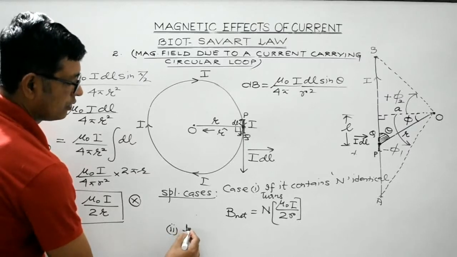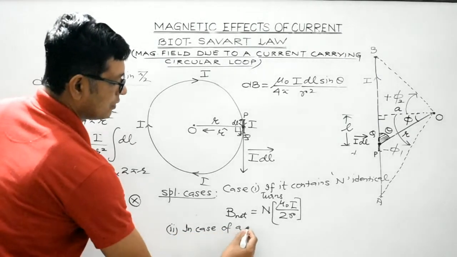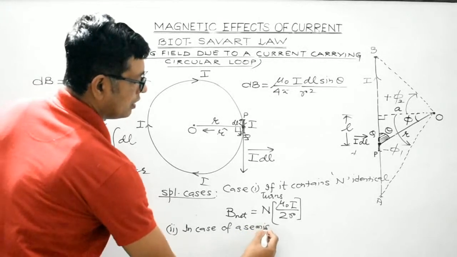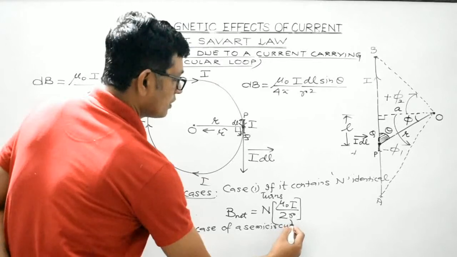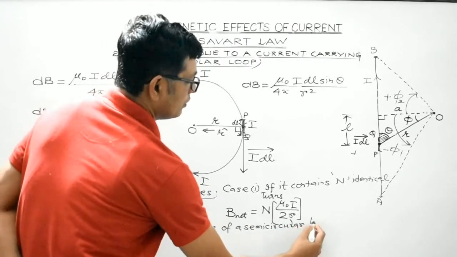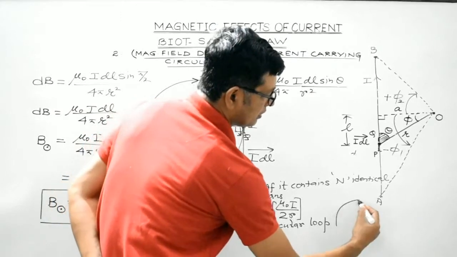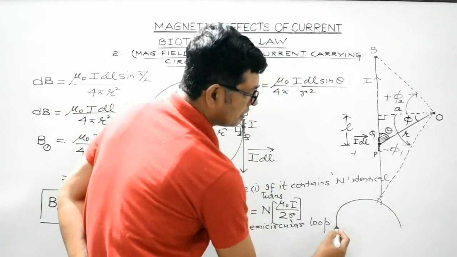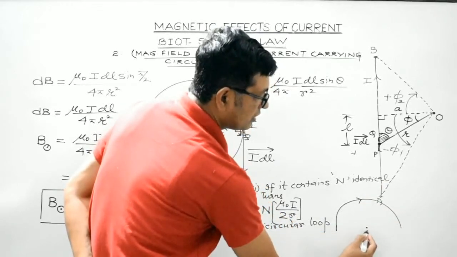Right? Case 2. In case of a semicircular current carrying loop, the diagram would be somewhat like this. This is a semicircular loop. Suppose current is flowing in the clockwise direction, and this is the center.